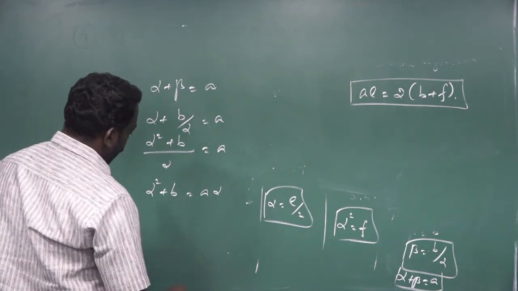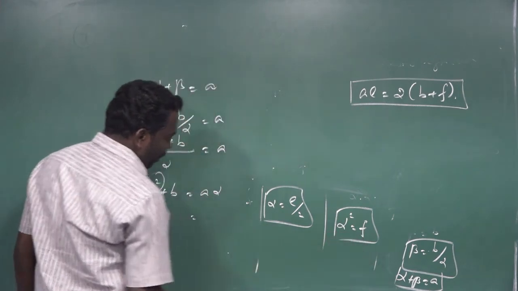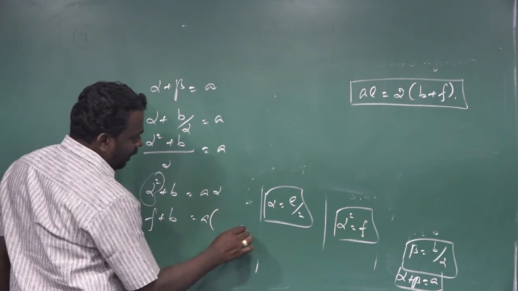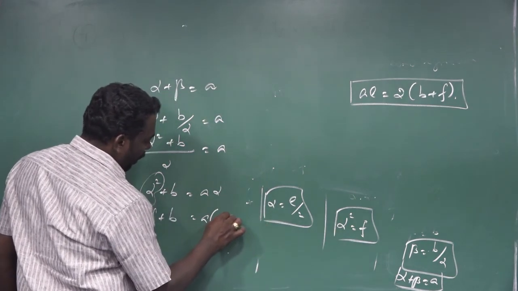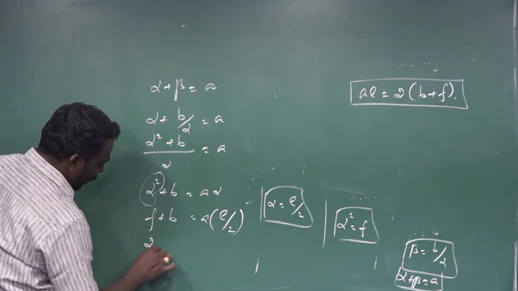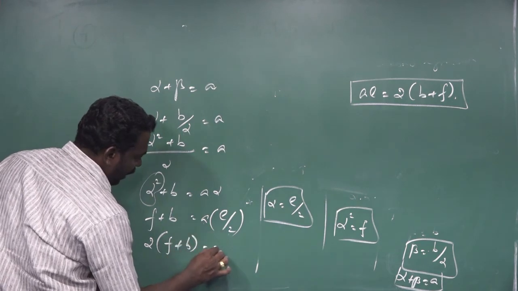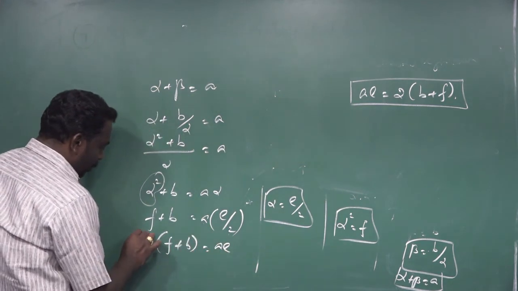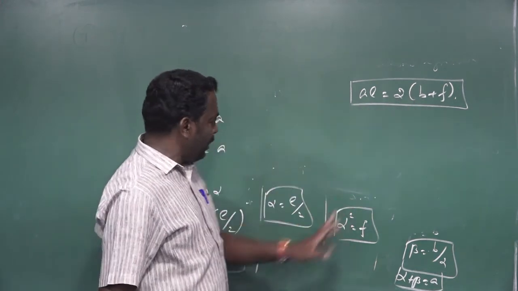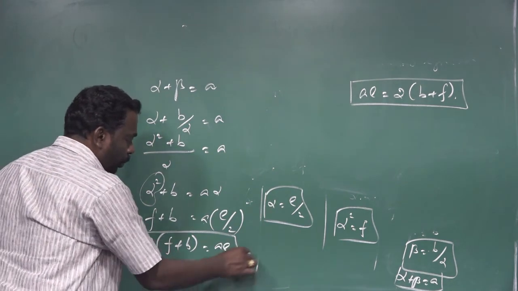Now here alpha square value equal to f, so f plus b as it is, and a as it is, alpha value equal to e by 2, and this 2 transfers to the left hand side: 2 into f plus b, that is equal to a into e. Therefore we wanted to prove that e is equal to 2 times of b plus f, that we wanted to prove.